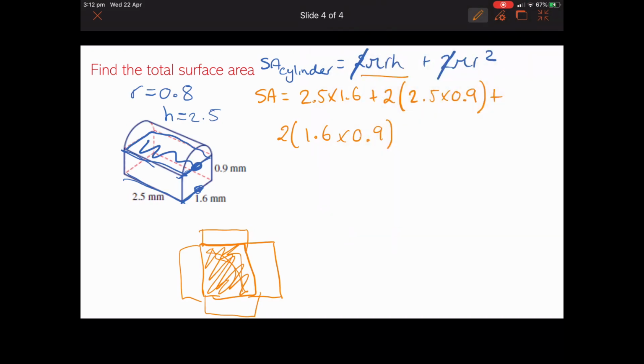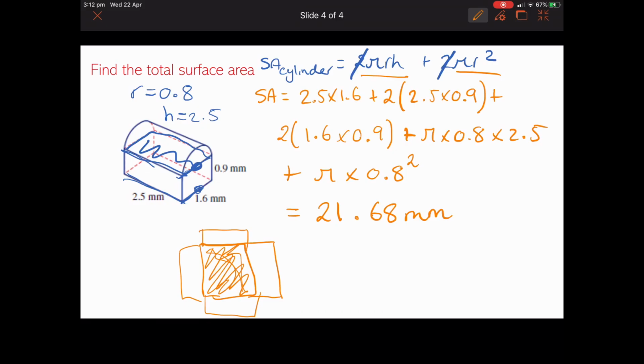So I've got plus pi times 0.8 times 2.5 plus pi times 0.8. Oh, sorry. Pi times, 0.8 squared. And when I put that into my calculator, I'm going to get the final answer of 21.68 millimeters squared.